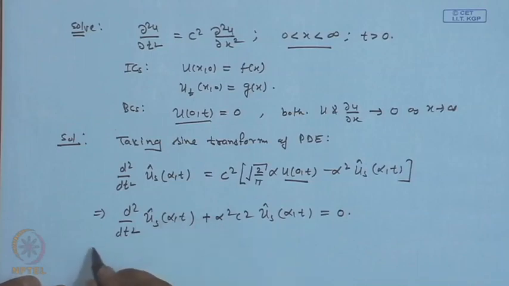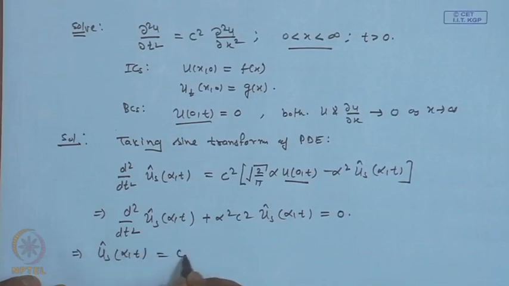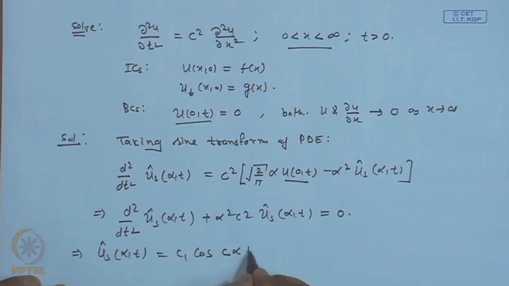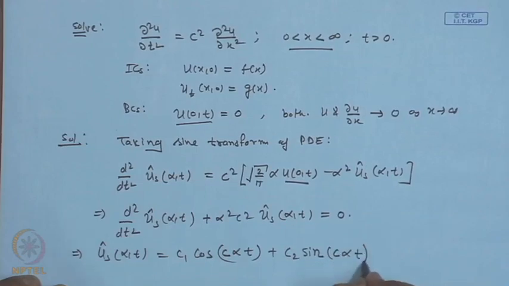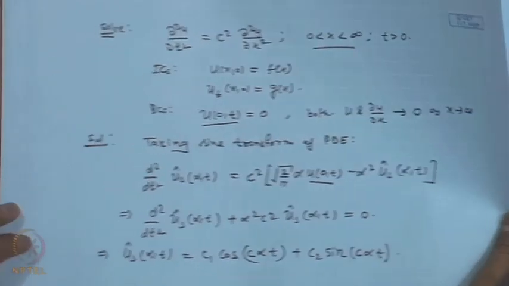So, now again we can find its general solution, and that will be given by c1 cos(c alpha t) plus c2 sin(c alpha t). We use the initial conditions now to get these constants.